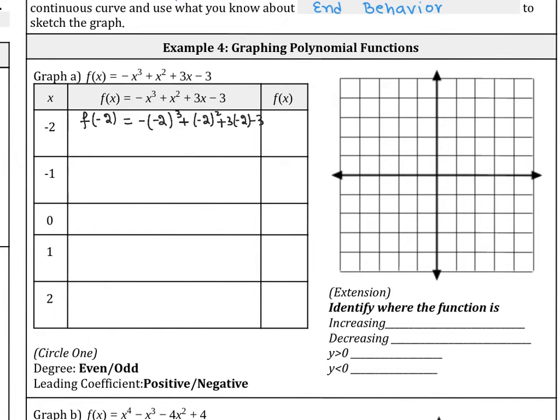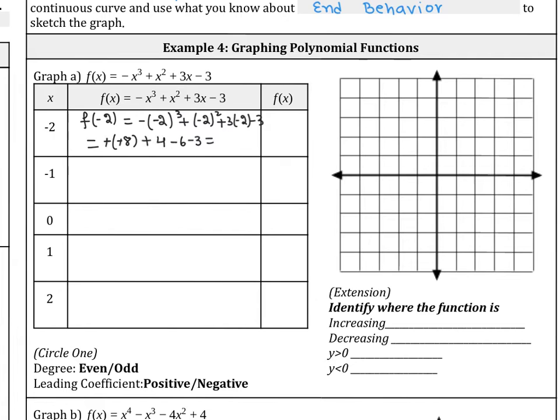Using PEMDAS, -2 cubed is -8 inside the function. I did not use the negative outside yet. And -2 squared is 4, -6 minus 3.